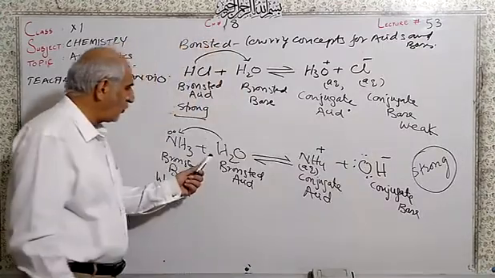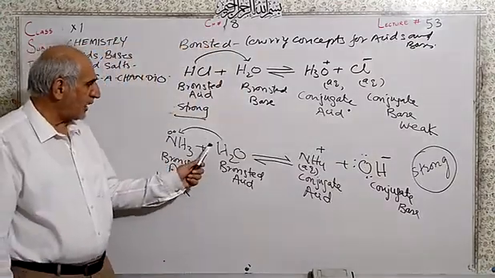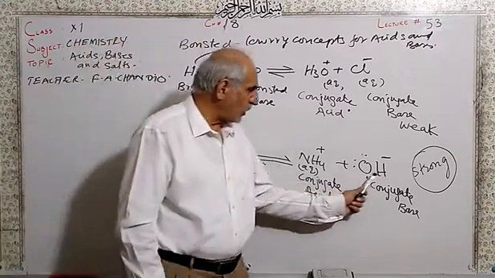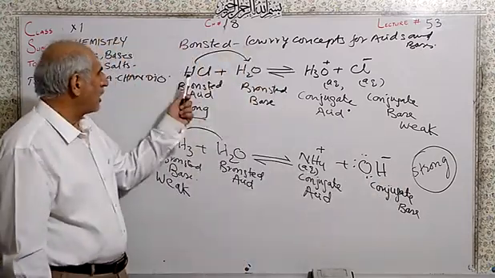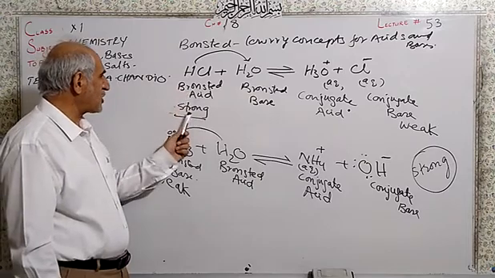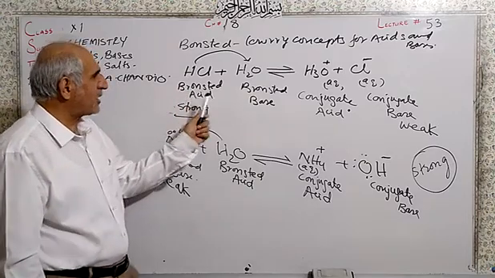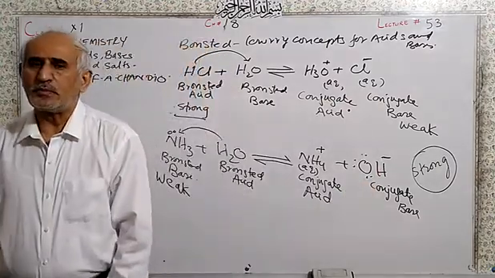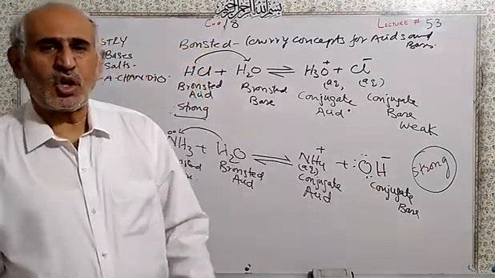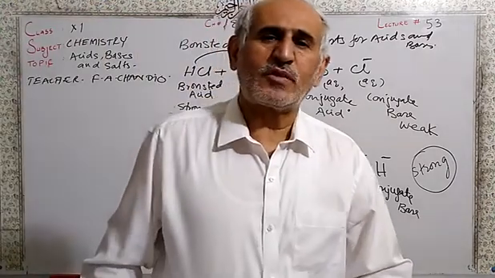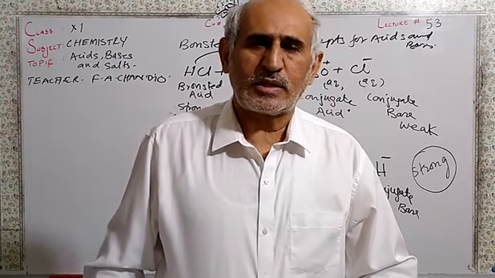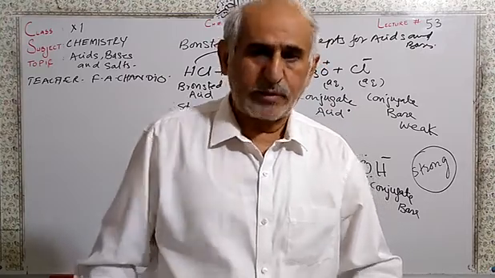Water is a weak Bronsted acid, so its conjugate base is strong. Hydrochloric acid is a strong Bronsted acid, so its conjugate base is weak. Strong acids always have weak conjugate bases, and weak acids always have strong conjugate bases.